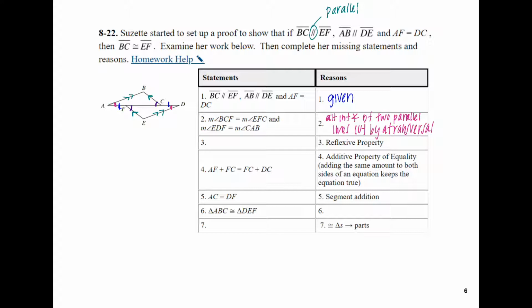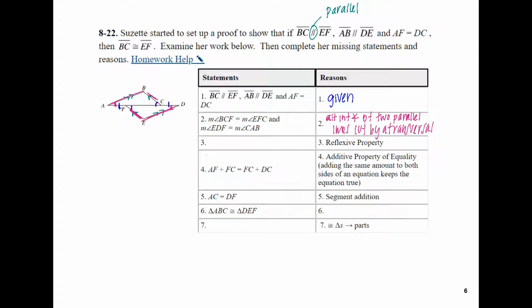So because these lines are parallel to one another, and line segment AD cuts through all of them, we have alternate interior angles.